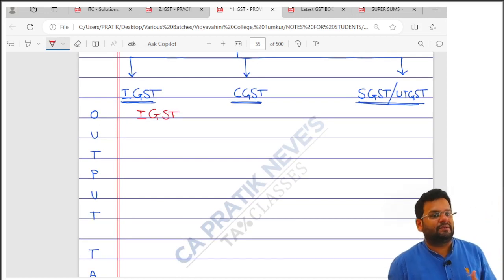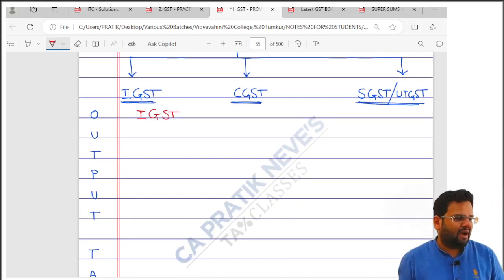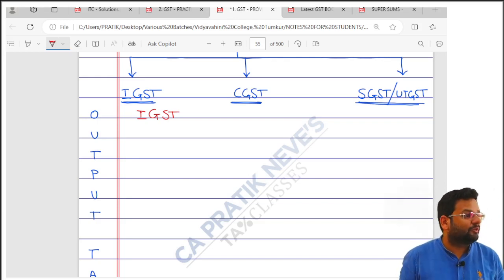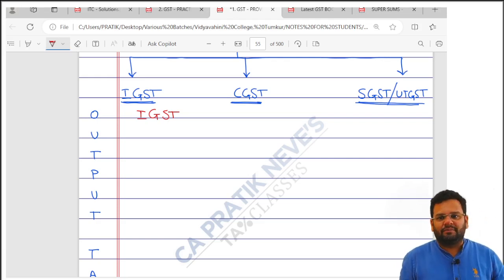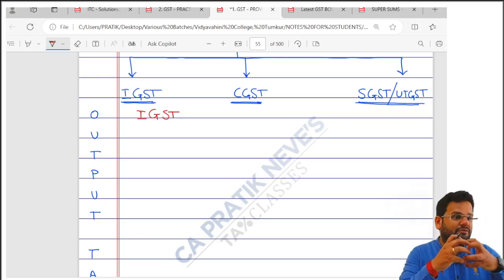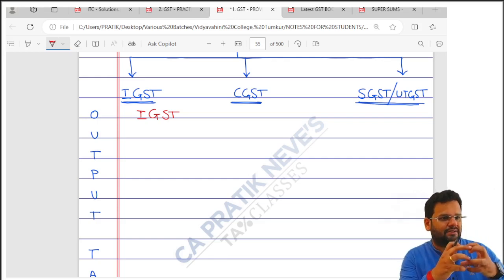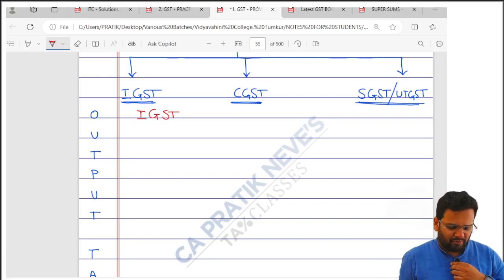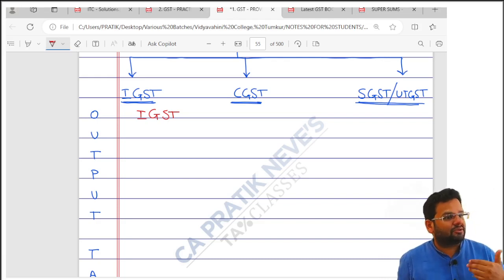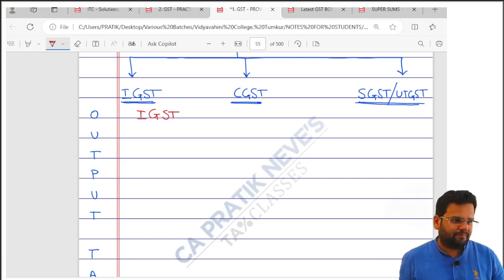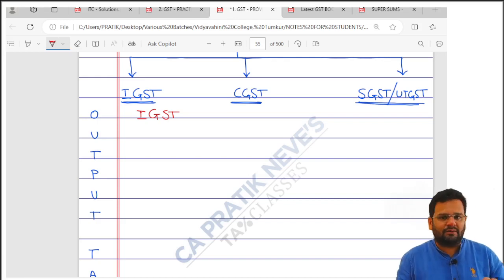IGST is like a guest, actually something unwanted, so you will use that first. Why is it unwanted? Because the government ultimately has to distribute IGST into CGST and SGST. So it is better to use ITC of IGST first. What I am saying, you will understand when I tell you the whole perspective.